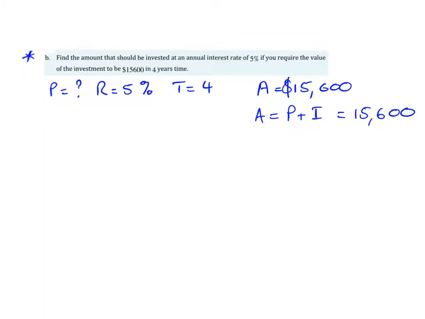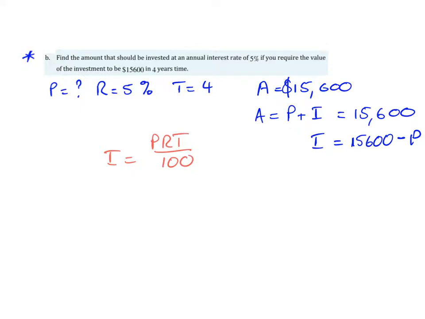And so what I'm going to do now is write I, my interest, as 15,600 take away P. How does that help me? Well, it really eliminates an unknown, and now I've only got one unknown, which is P. So my rule again is I equal to PRT on 100.